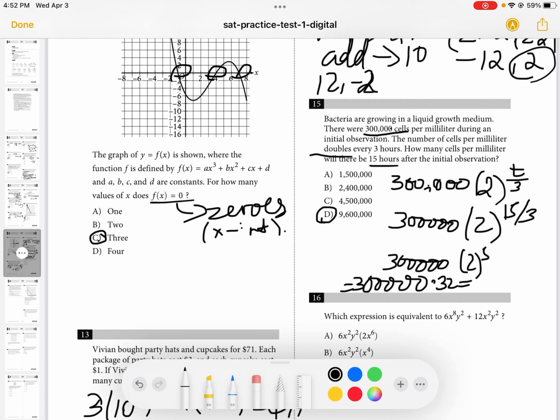Alright, let's confirm that with the calculator. 300,000 times 32. Yep, that's 9,600,000.